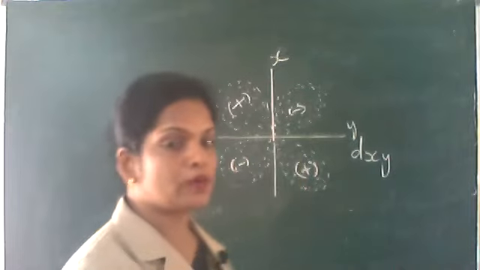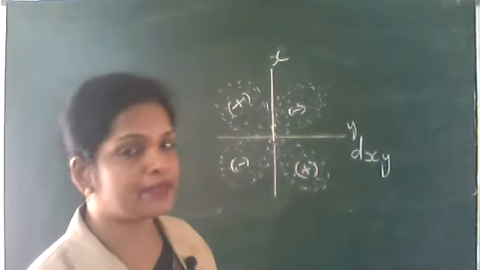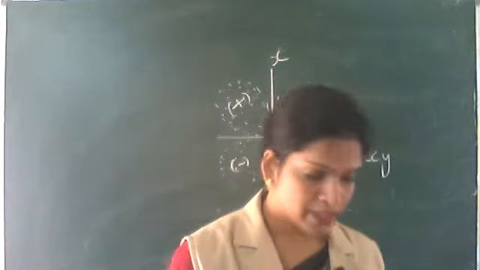So this is the boundary surface diagram for d orbital. dxy like that, dyz, dxz, these are the boundary surface diagrams.